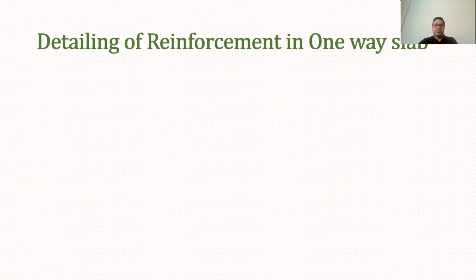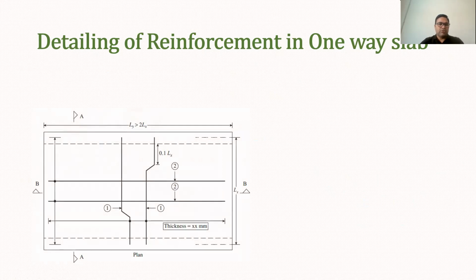Now, if we look at the detailing of reinforcement, how do we provide reinforcement in the one-way slab? That I will be showing you here. Here you can see the plan of a one-way slab, and reinforcement is provided along the longer span, and this is basically the distribution reinforcement. Similarly, along the shorter span, there are some bars which are provided alternately bent up.